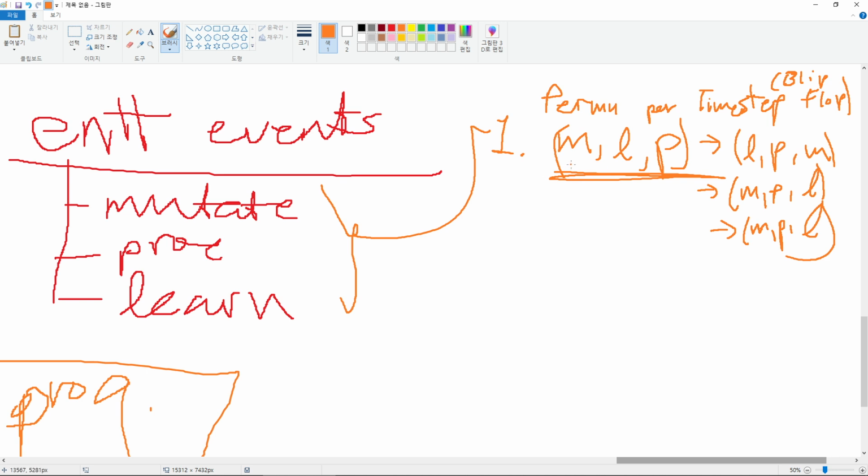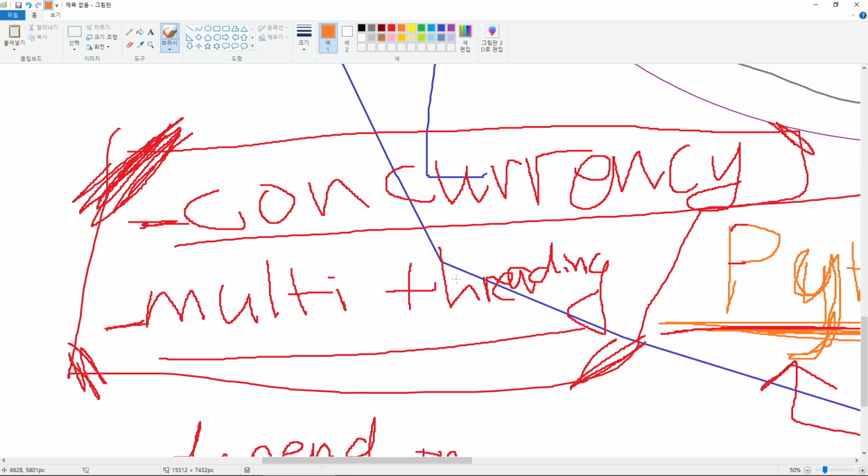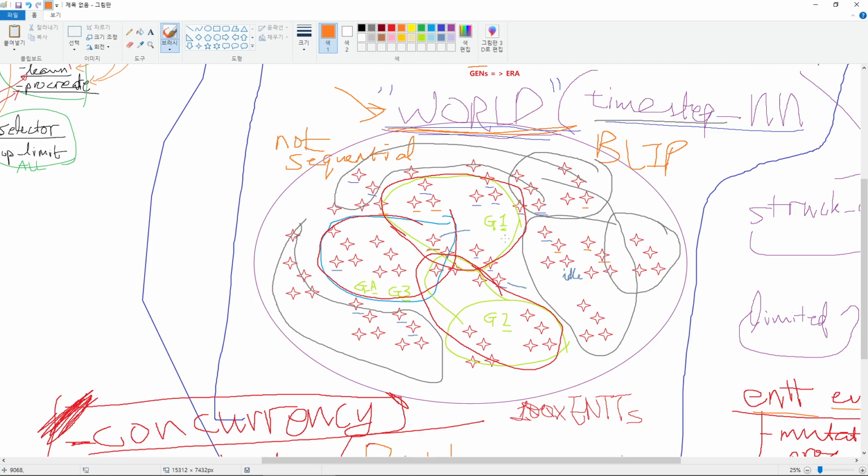So every entity event is carried out for the entities that are chosen in a group. For example, in this time step, G1 will be the group for mutation. G2 could be the group for learn.